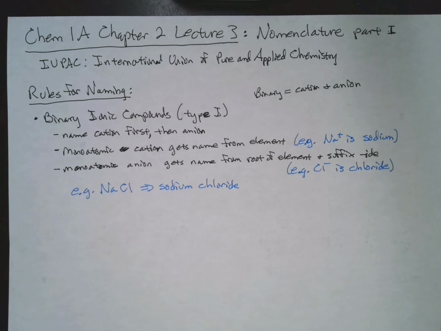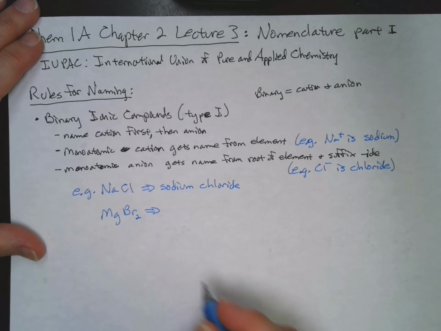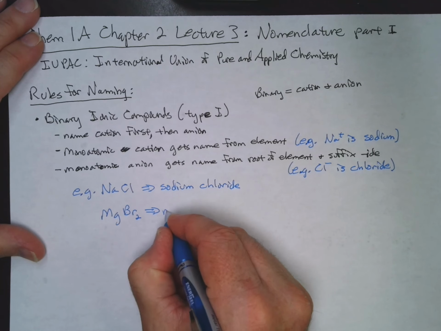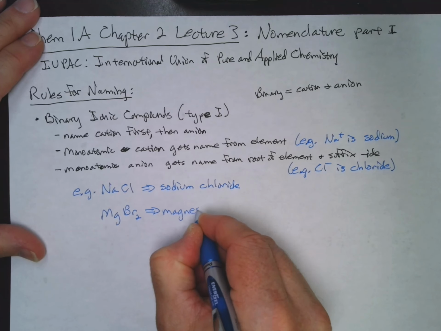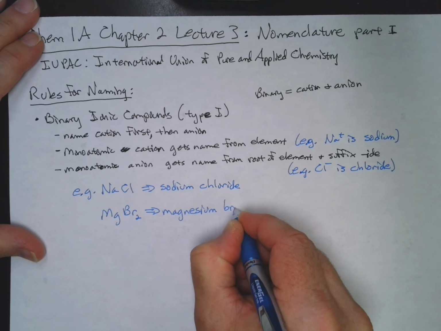Well, let's look at some more examples. MgBr2. Why do I have the 2 there? Well, Mg always forms a 2 plus ion, and Br always forms a minus ion. So in order to make a compound, we have to get them to match up. Okay, and the name of this is simply magnesium bromide.